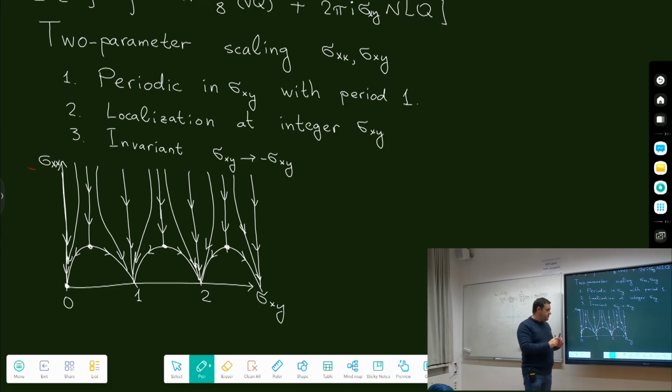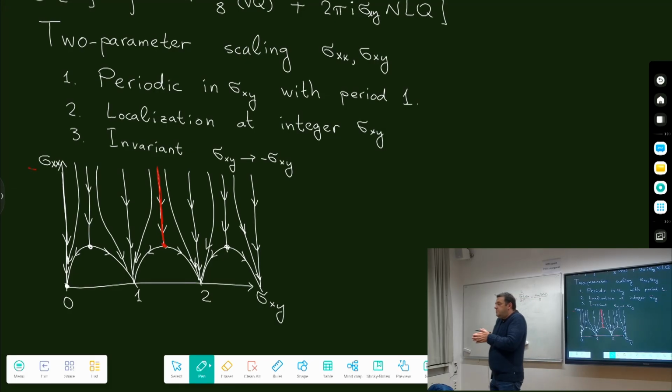And there is a very specific case when you have a flow with a half integer value of sigma xy, exactly between two integer values. You end up at some point where the beta function is 0. It cannot decide whether to turn left or to turn right.